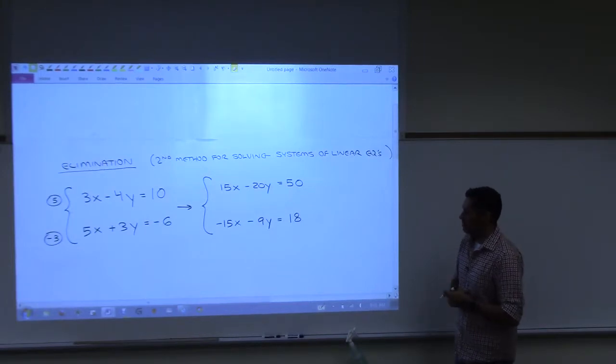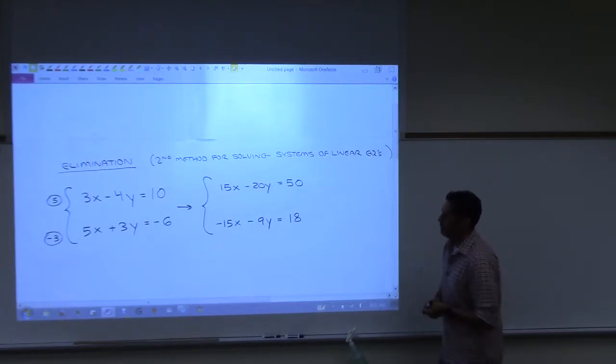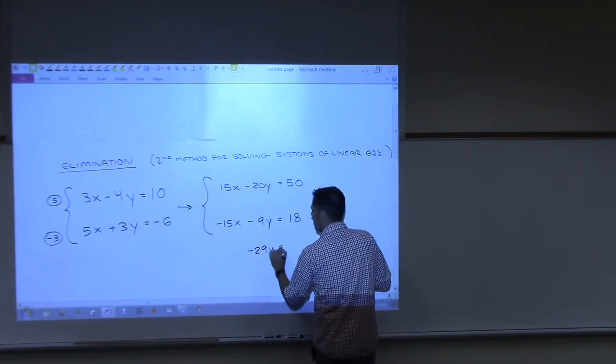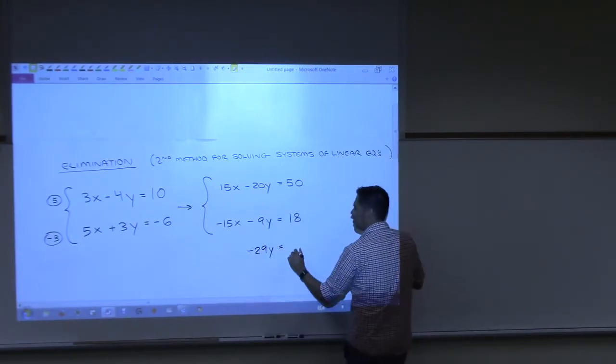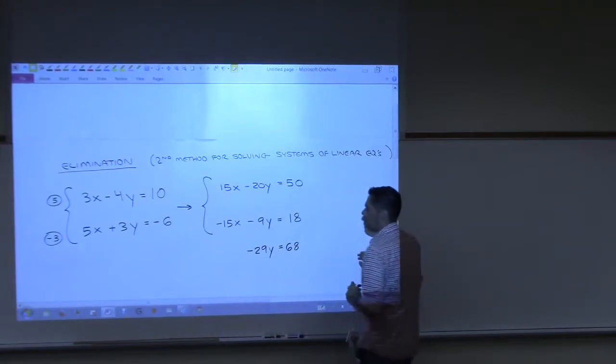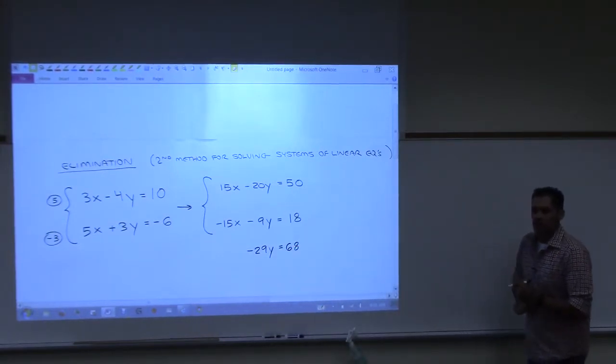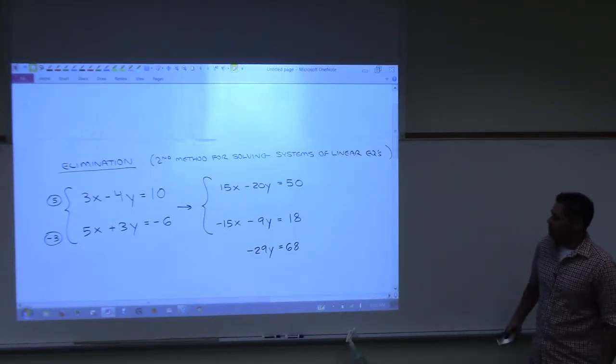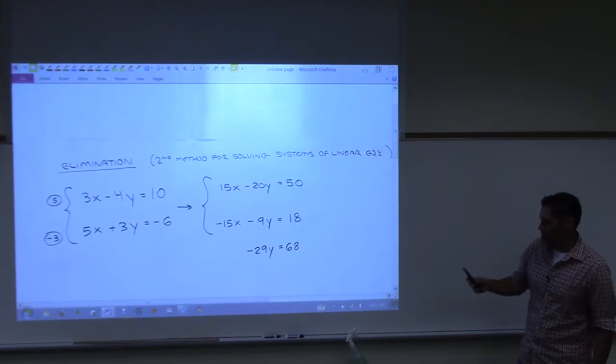And yeah, it's going to be ugly, but what do you get when you add down? Negative 29y equals 68, right? And let's go ahead and break out our calculators, because I don't believe that goes in there nice. It's not a nice integer.